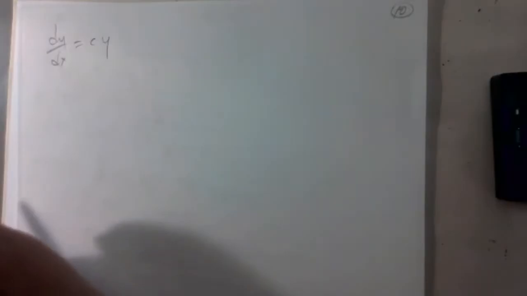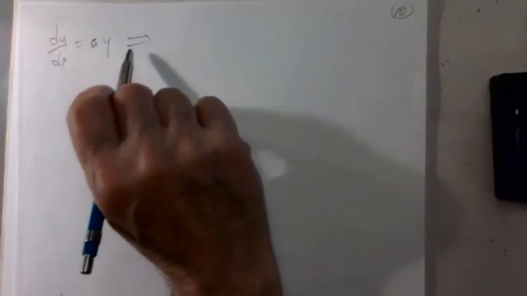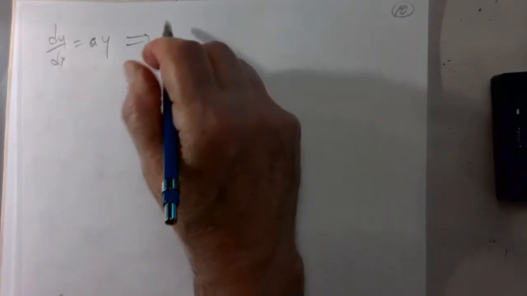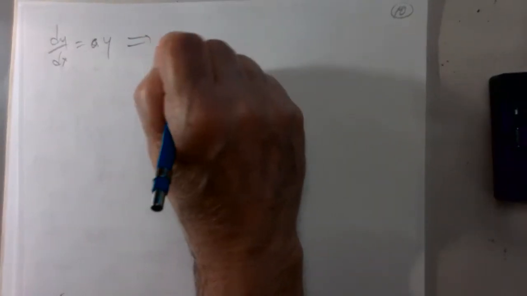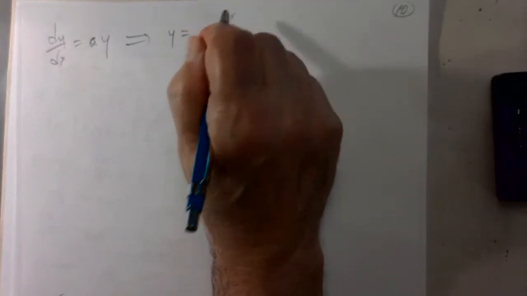What's called a differential equation for growth and decay is where dy dx, the rate of change of your function, is proportional to y, is c times y for some constant c. I shouldn't call this c, perhaps, let me call it a times y. And the general solution would be y equals, well, one particular solution would be e to the a times x.